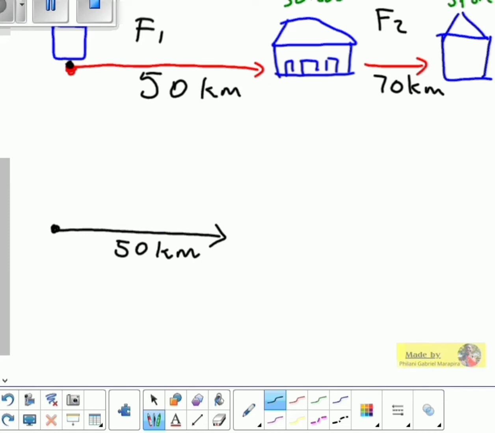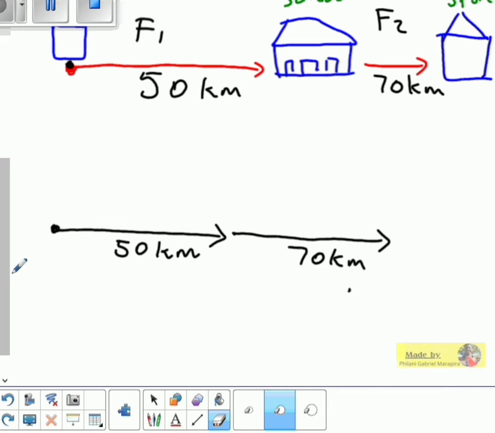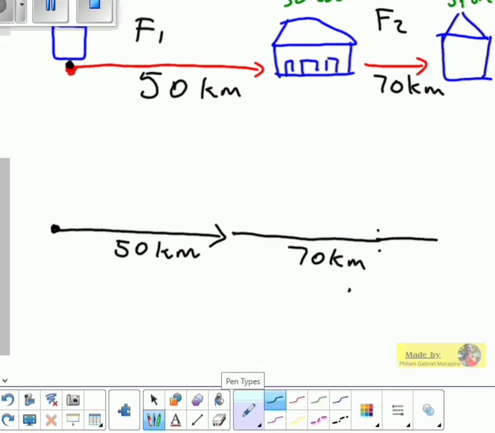And then from this point, it moves here to the store. So we have already combined these two vectors, and it moves 70 kilometers. Let me just increase the size here. So he moves 70 kilometers to another point.